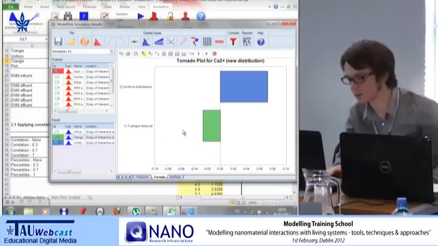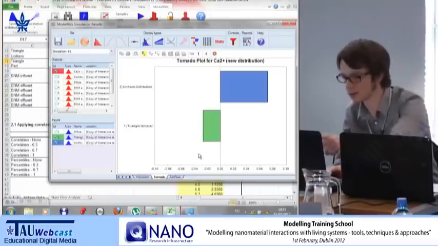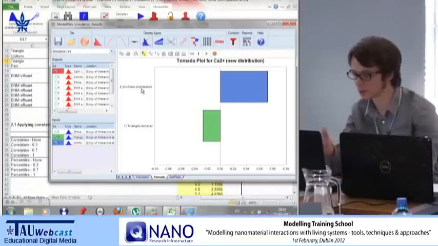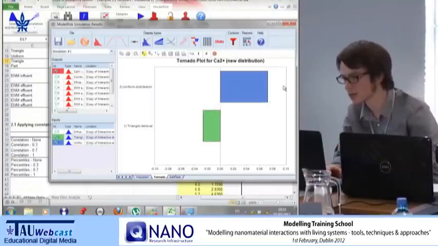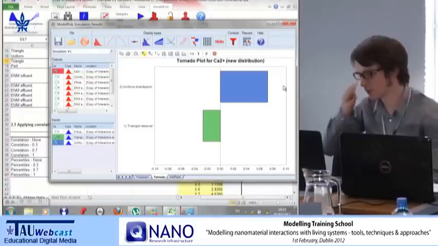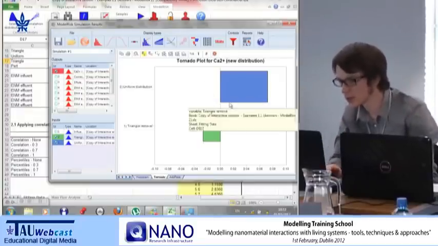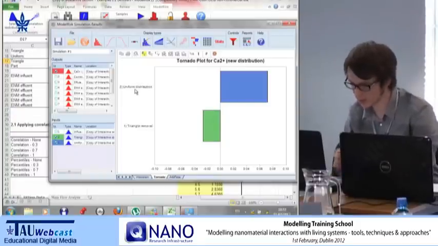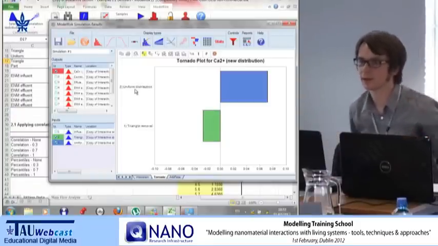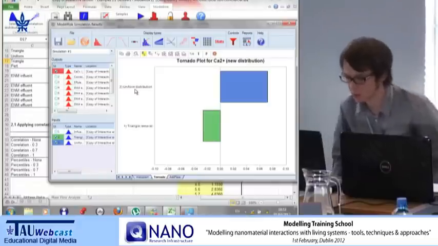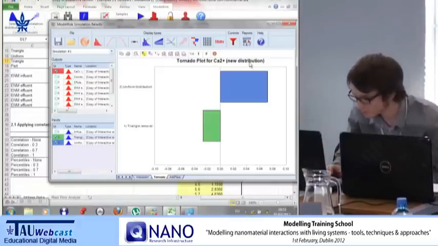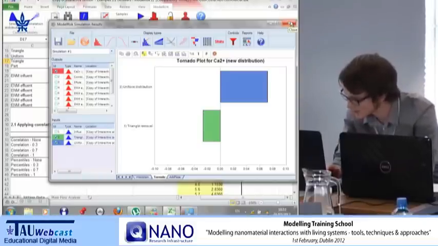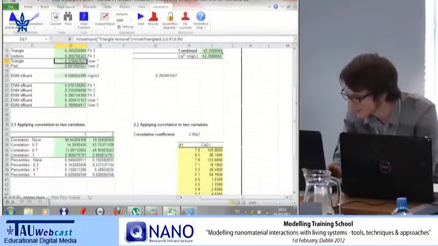The higher the removal efficiency, the less concentration in the effluent. And the higher the influent concentration, the higher there is in the effluent. For our case, you can see the initial concentration in the influent has a far higher influence on final effluent concentration than removal efficiency. So that's one example, which didn't go as smoothly as I hoped.